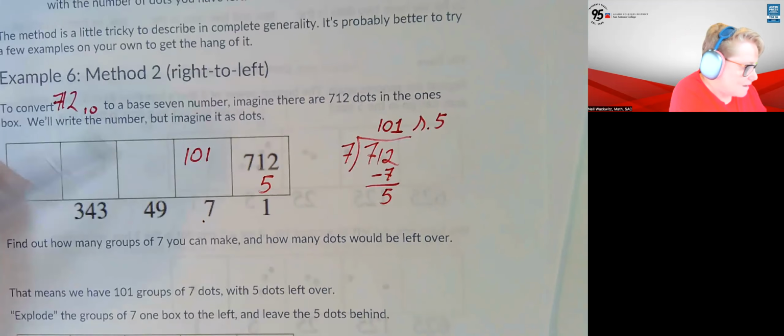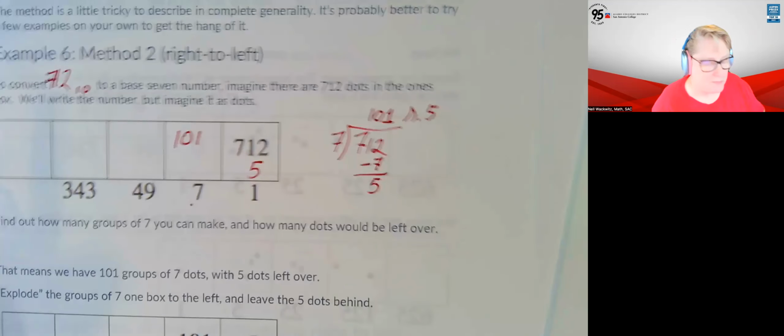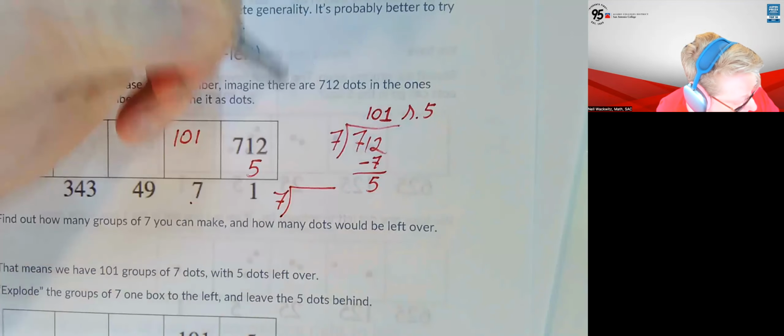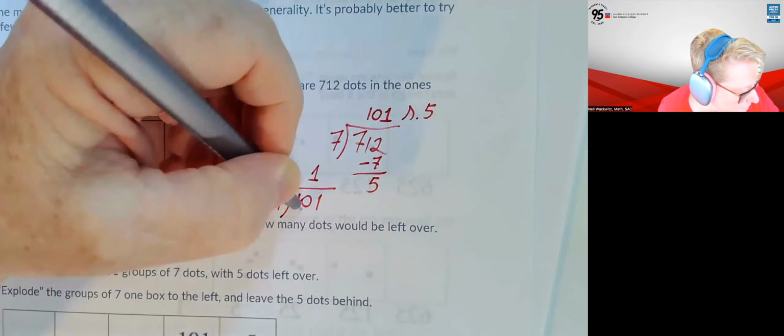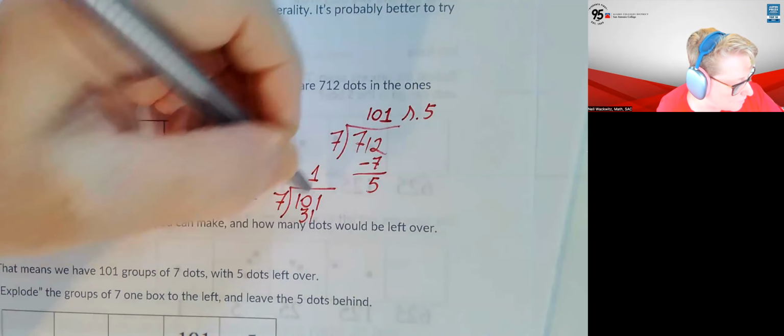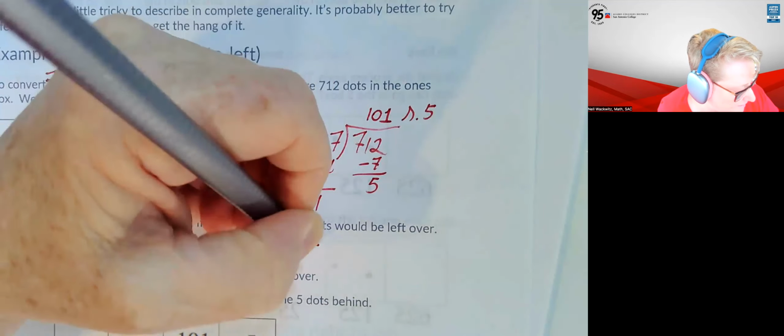So let's see, how many 49s go into 101? Well, that's just the same as dividing it by 7 again. 7 goes into 10 one time. 7 goes into 31 4 times. That's 28. That's 3.